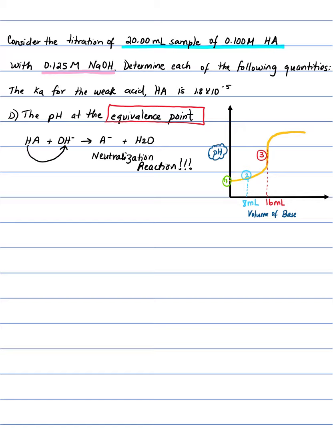So we're calculating the pH at the equivalence point, and at the equivalence point, all of the acid is neutralized. So remember, you calculated the number of moles of the acid that you have in your sample. Volume in liters times concentration will give you the number of moles of acid in your sample, which was 0.002. At the equivalence point, all of the acid is neutralized.